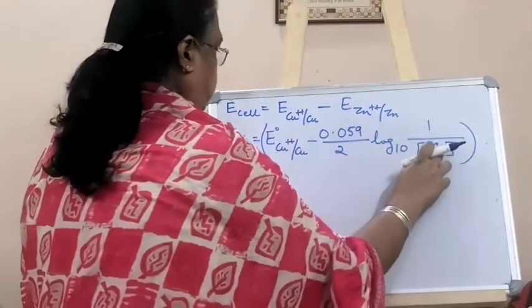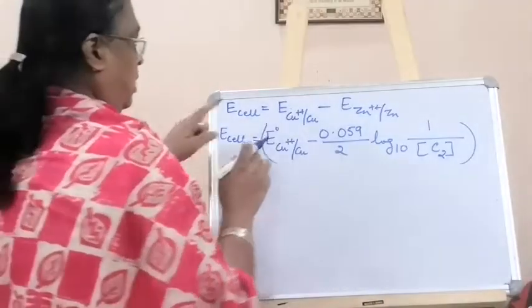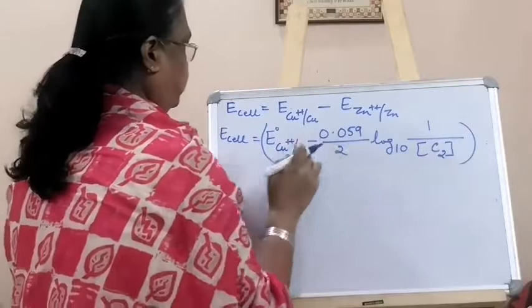This is C2, not C1. For copper we have taken C2. So this is this half cell.